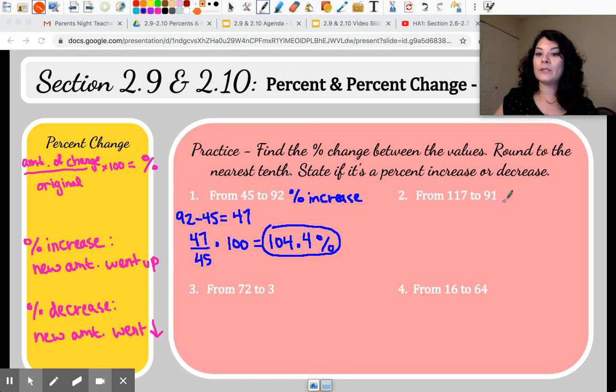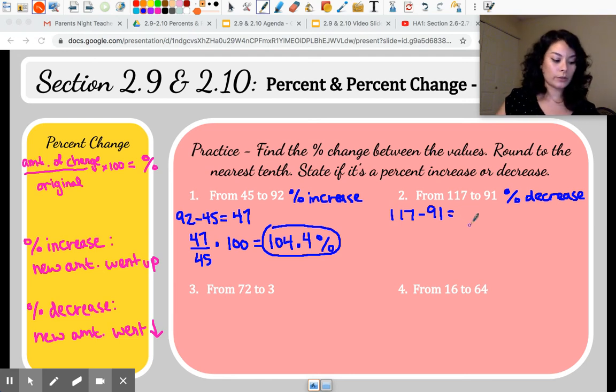Number 2, from 117 to 91, the new amount went down, so this is going to be a percent decrease. To find the amount of change, I'm going to take the larger value and subtract the smaller one. So again, you always want to subtract in such a way that you get a positive, so always start with the bigger number. I get 26.